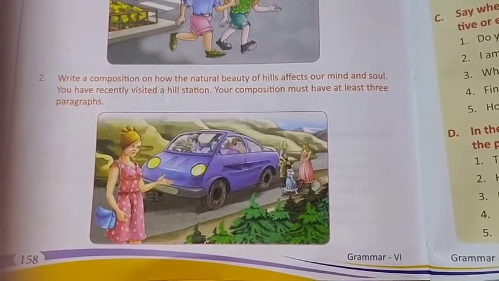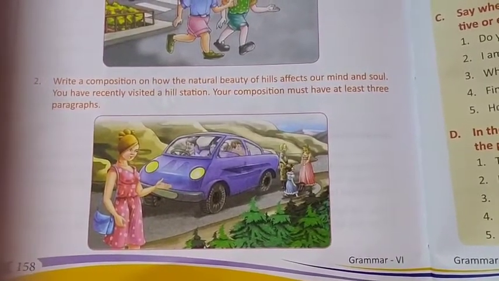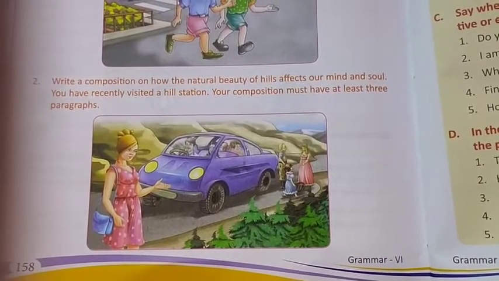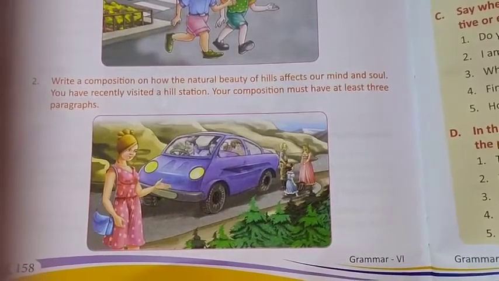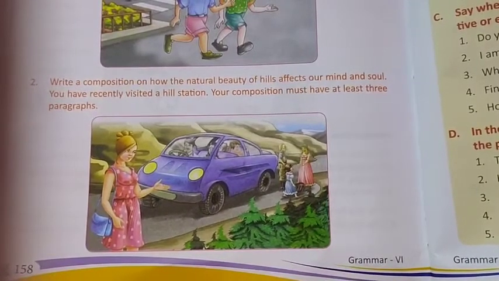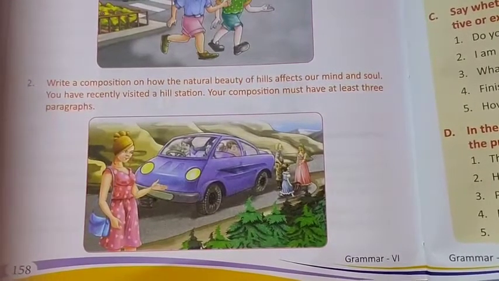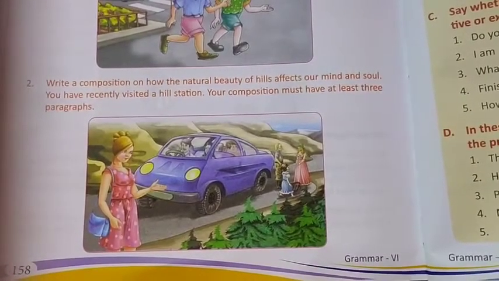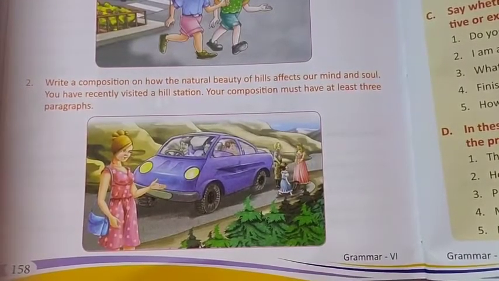So children, you can write here that the natural beauty of hills makes us feel better emotionally, and it contributes a lot towards the mental well-being of an individual. Then exposure to nature also has a great impact on our physical health. It not only reduces the blood pressure but also helps to reduce muscle tension and production of stress hormones.